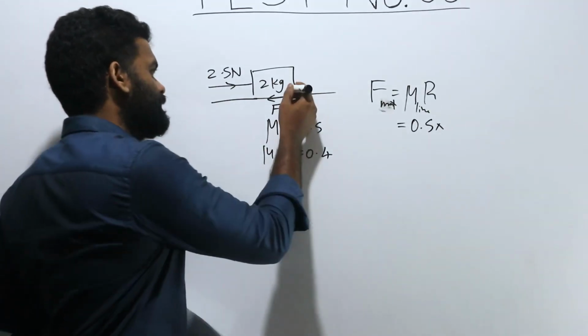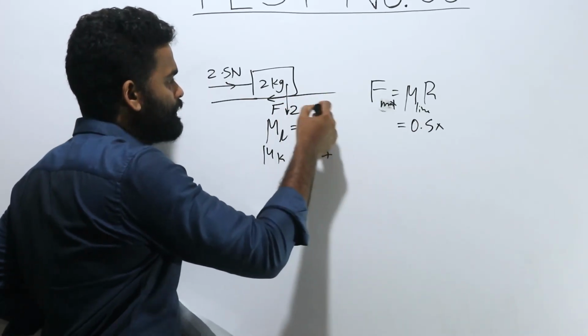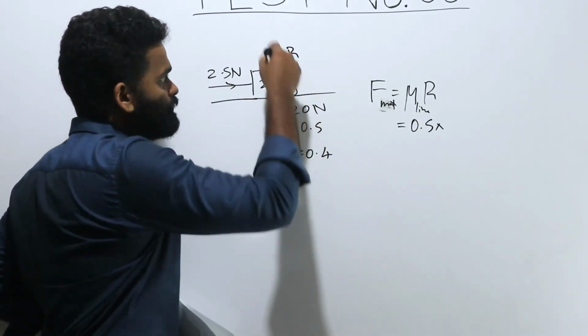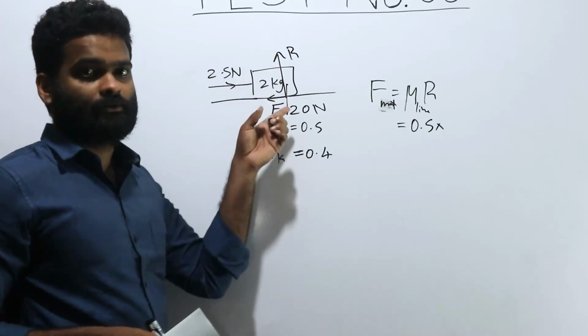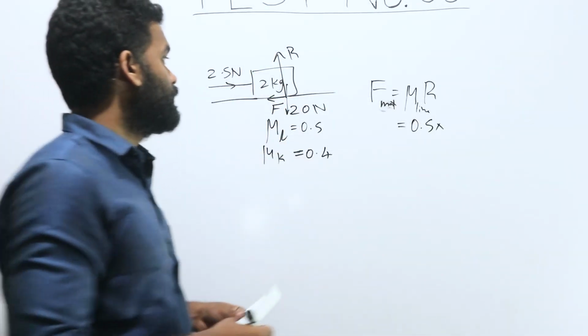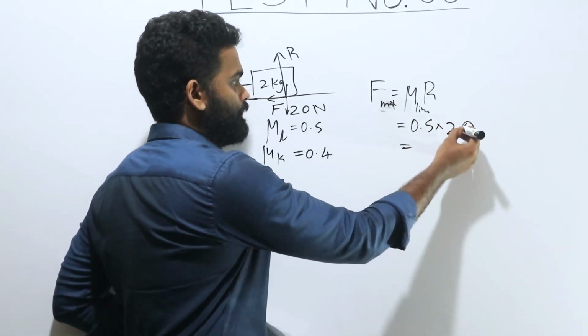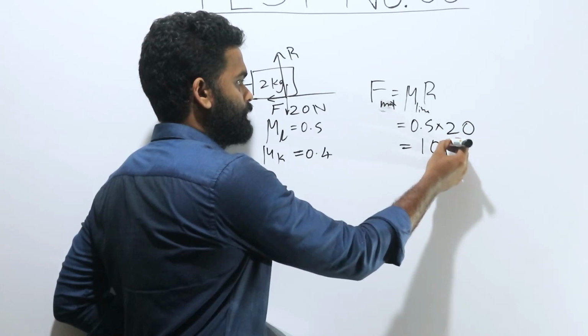We know that this is a normal situation. So if the weight is 20 Newton, the normal reaction also should be 20 Newton in a normal situation, right? So R is 20. Then 0.5 times 20 is 10 Newton.